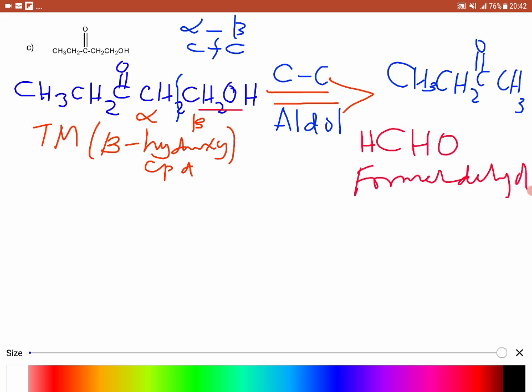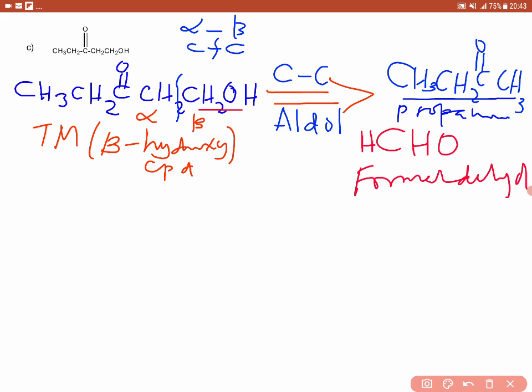While the ketone here is the one that is called propanone. So if not propanone, the ketone there is not propanone. The ketone is having how many carbons?